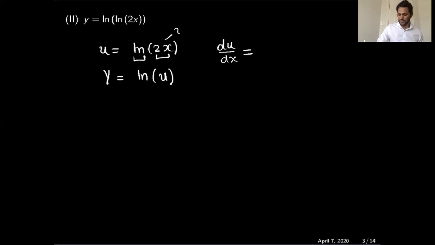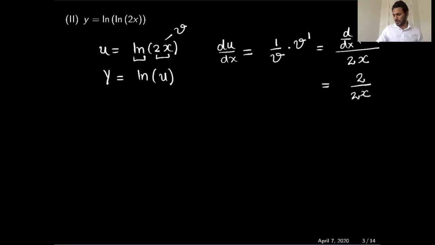If I take this function as v, then this basically becomes the natural log of v, which is 1 over v times the derivative of v. So that is the chain. If I take my v as 2x, it will be basically du by dx equals 2 divided by 2x, where the derivative of 2x is 2 and the denominator function is 2x.